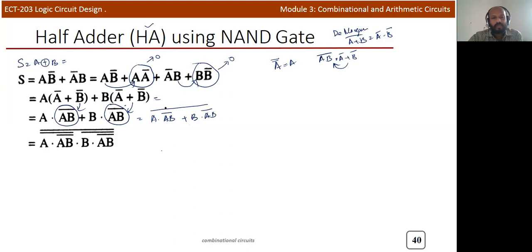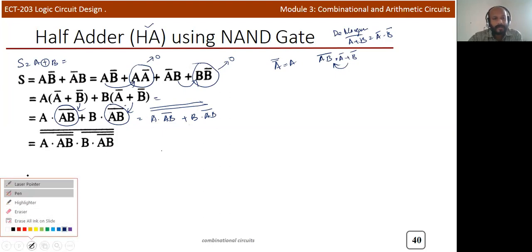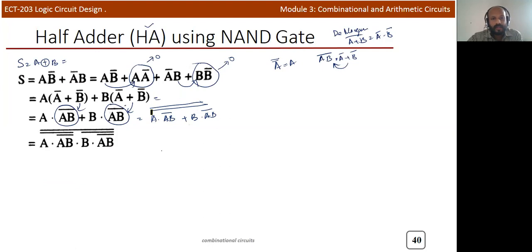Now we can put two bars above this, so the expression will be exactly the same. Then we apply De Morgan's theorem to one bar, because we need to convert each gate into a NAND gate. This is actually an OR gate, so we need to convert this OR gate into a NAND gate. That's why we are using double negation, and we will operate one NOT operation.